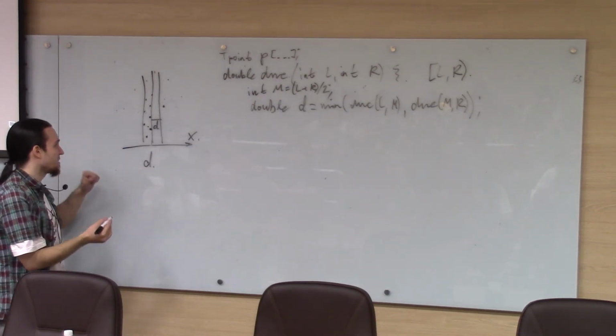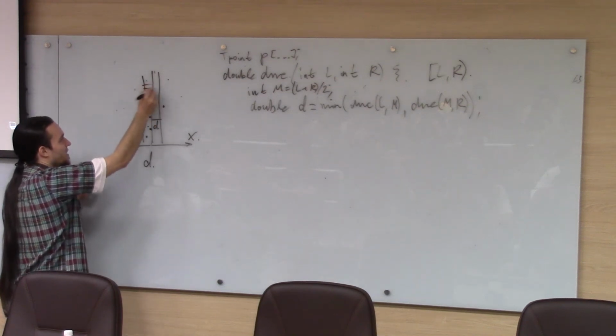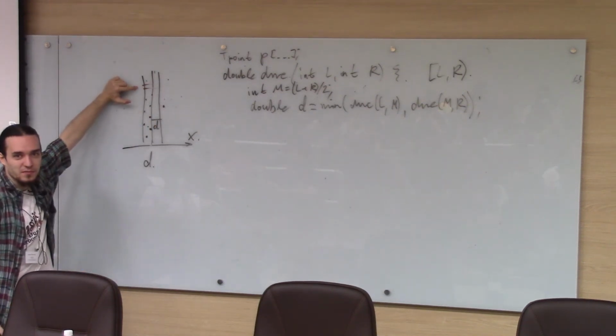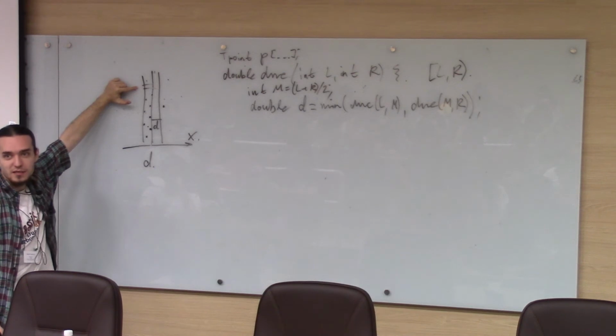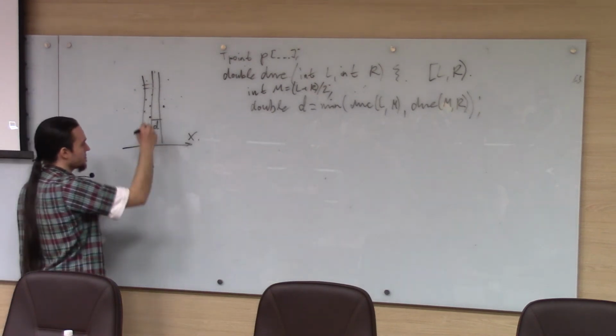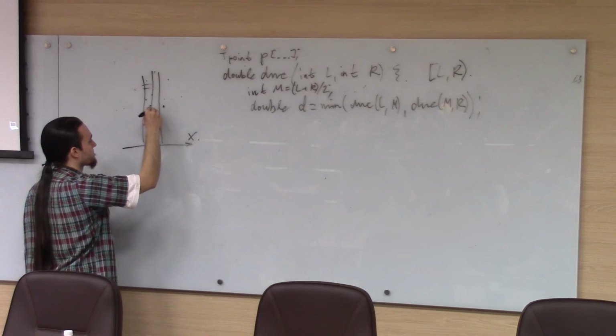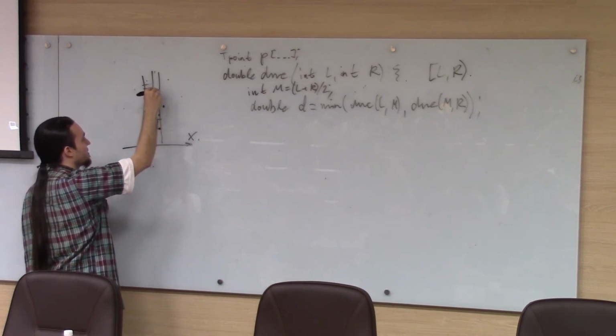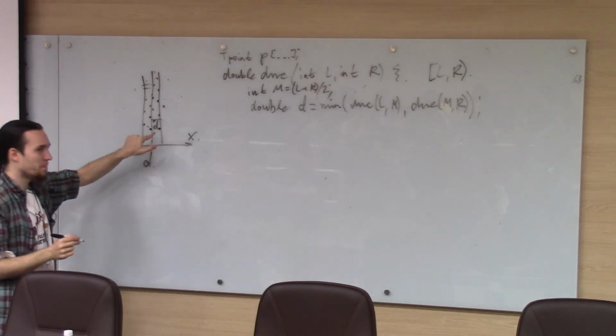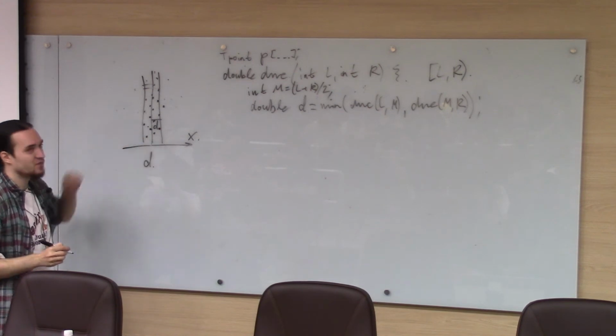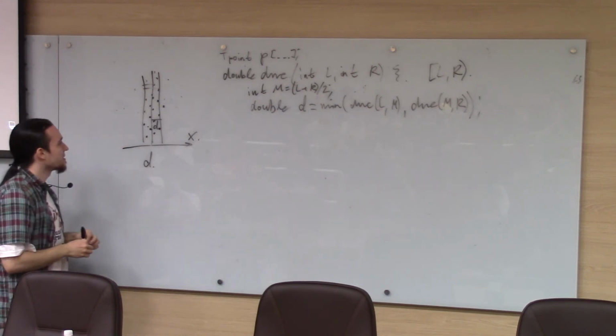So it cannot happen that a lot of them are in a small portion of that, because of the constraint that they have to be at least d apart. Okay, so we have these kinds of packings inside of this strip.